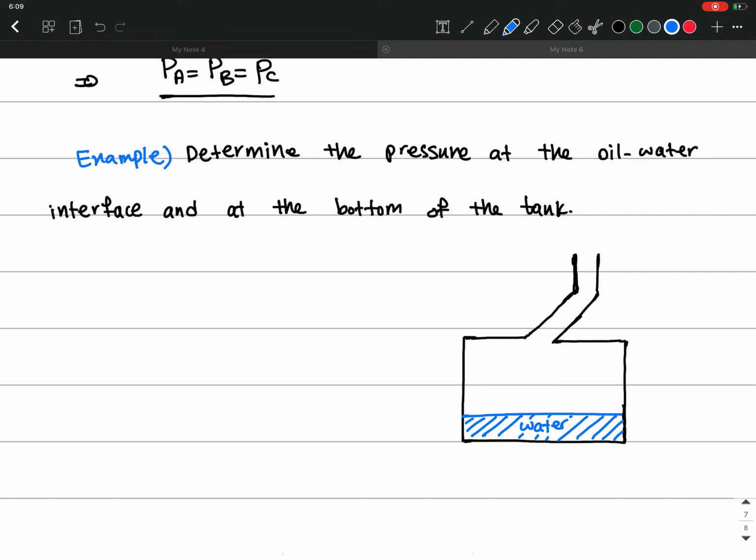And then on top of that, we have oil, up to this point, and here is the free surface.